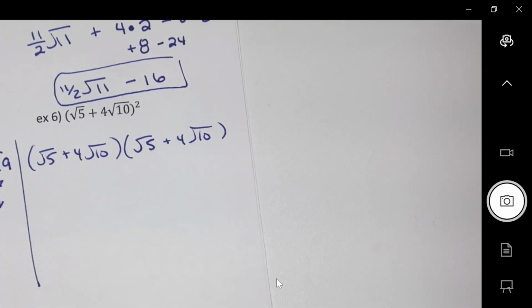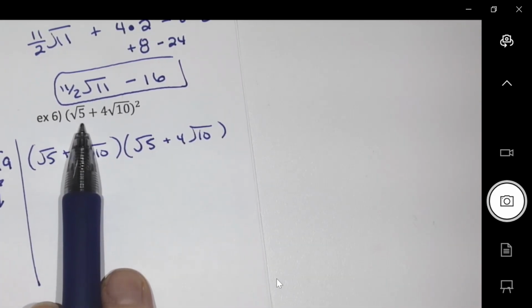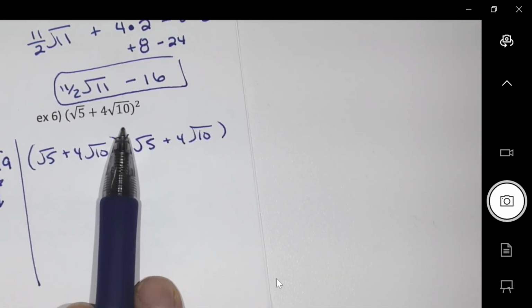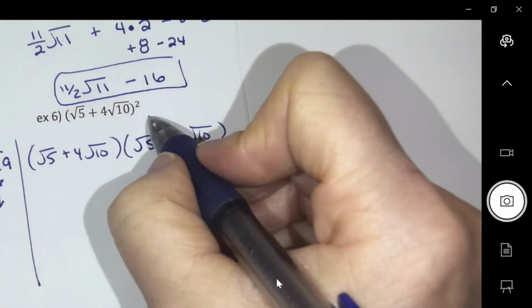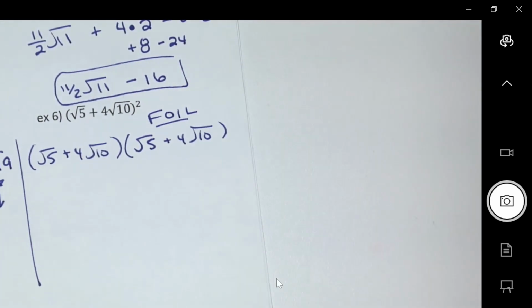So the mistake I get is somebody who squares the first unit and squares the second unit, and that's it. But that's wrong because you're missing out on your other terms, your O and your I terms. Okay, so don't cheat. Please just rewrite it twice. Do your whole FOIL system. Okay, go for it. Let's see if we can all get the answer. FOIL it. You've got to do all 4 parts.